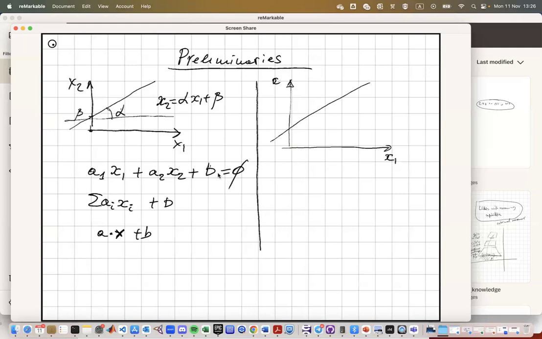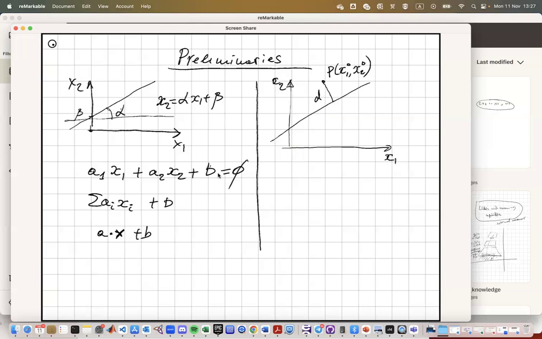But now the question is, if you have a point P with coordinates x1,0 and x2,0, how do we calculate this distance to the line? You draw a perpendicular line and you want to calculate this distance.